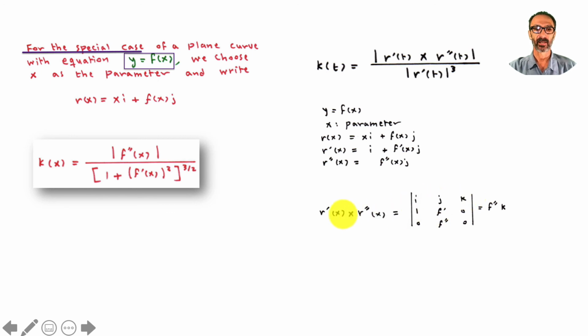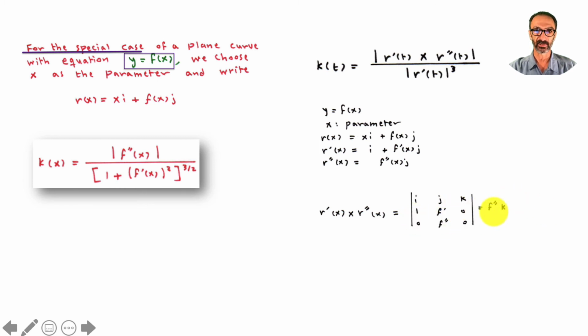i, j, k, r prime from here, 1, f prime, and 0 for k. Don't forget that, 0 for k. This one here, only the j part. Only the j part, 0 for i, 0 for k. Cover this, times 0, go back times 0. You don't see the i part.